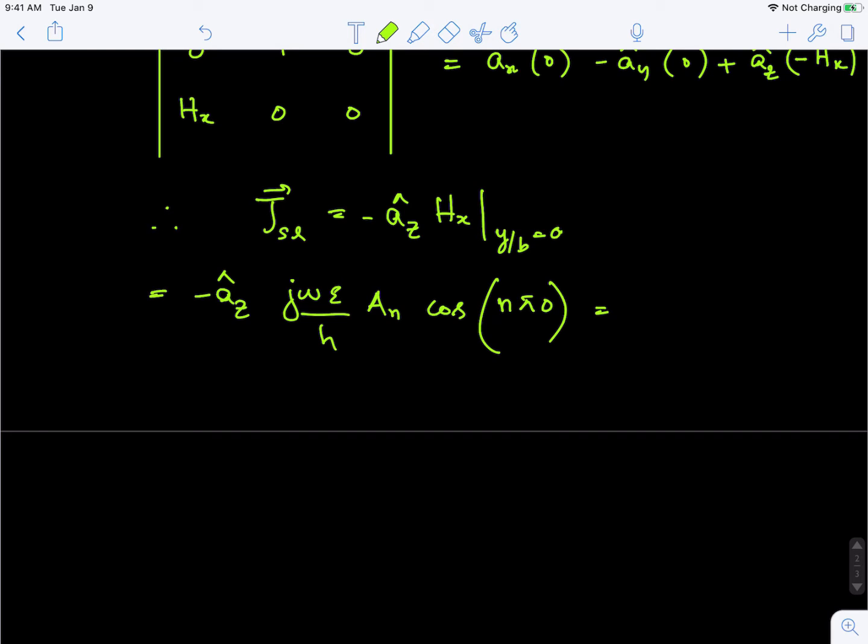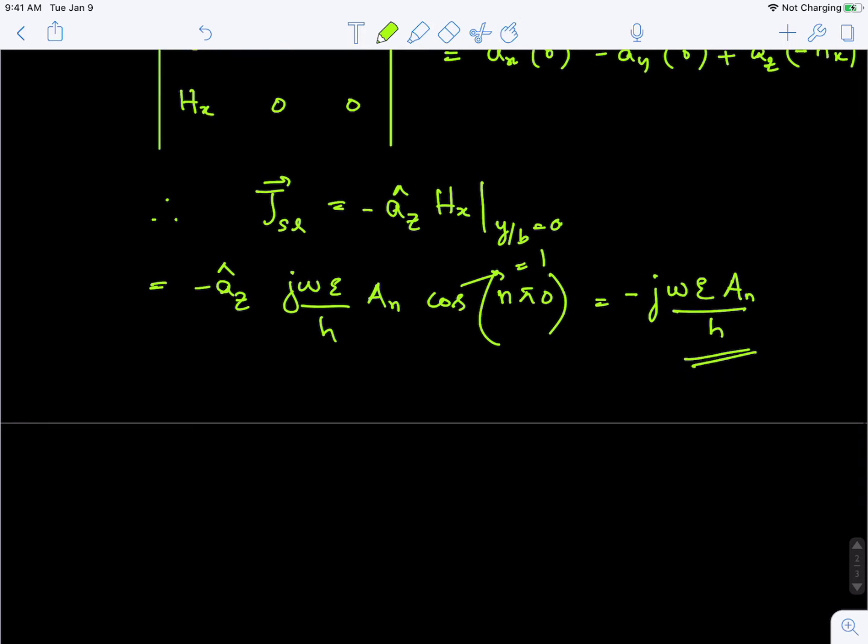So it is going to be minus j omega epsilon a_n by h, because cos 0 is equal to 1.